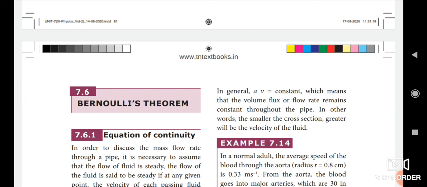Already I gave some questions, isn't it? What question did I give in the 6th unit? I asked you to study the variation in depth and latitude.